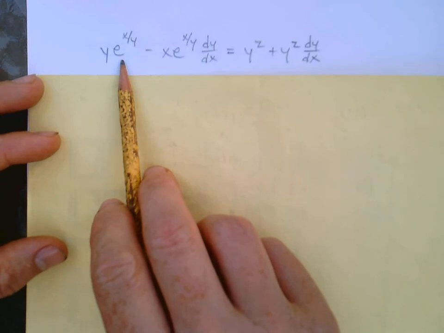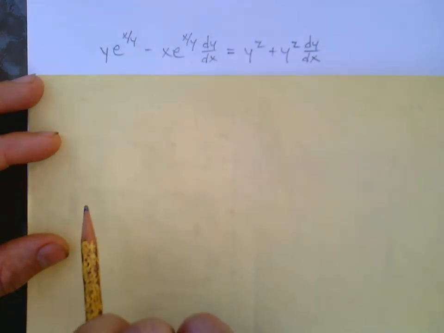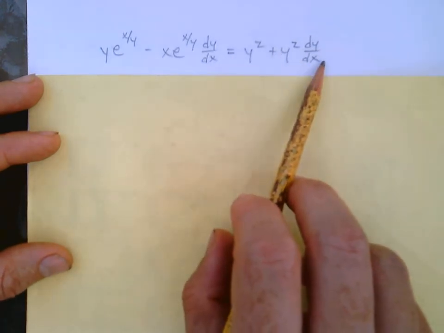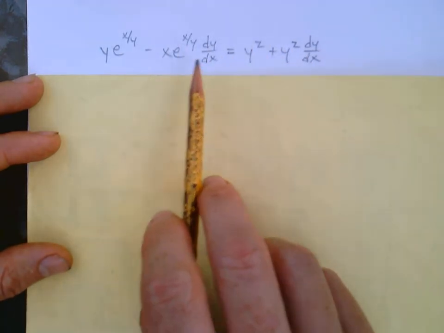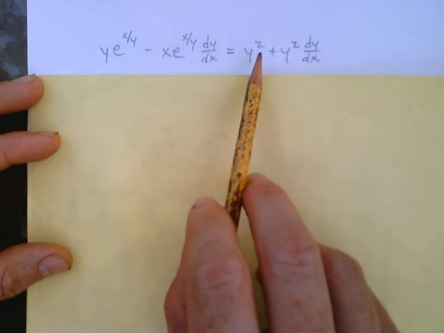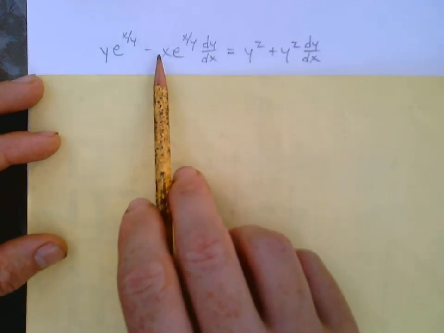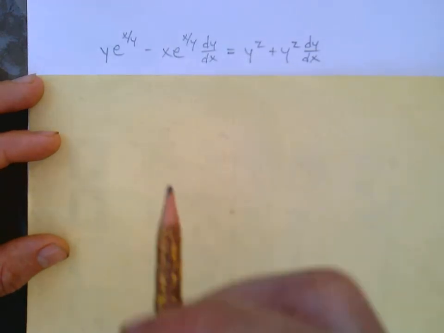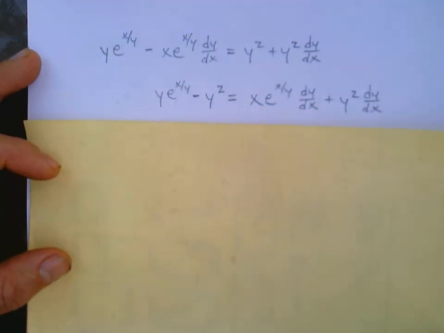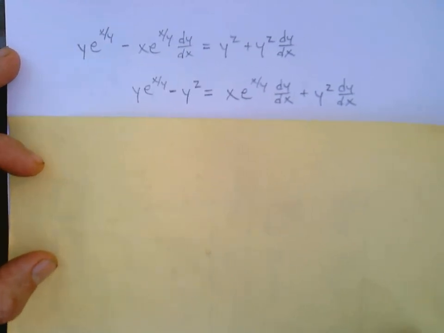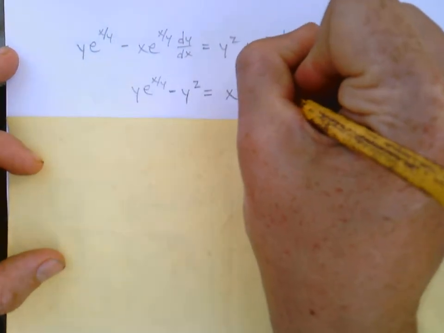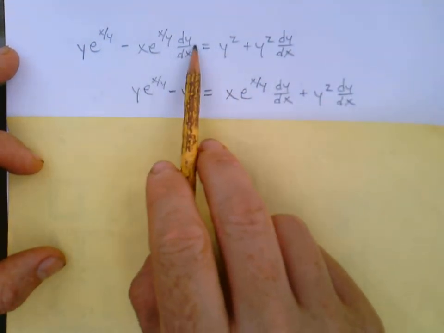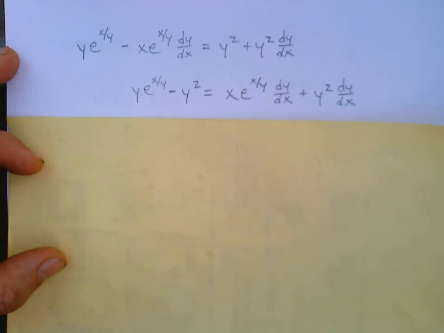So distribute the e to the x over y, okay? And then we need to decide, do we want to put the dy over dx terms on the right, or do we want to move this one to the left? And then the non-dy dx terms, get those together. I decided, since this is negative, to just add this over here, which means I need to subtract the y squared. And again, there's a lot to write here, but at least the hard part's behind us. So I'll subtract the y squared, I'll add this whole thing, and I put it in the first position.